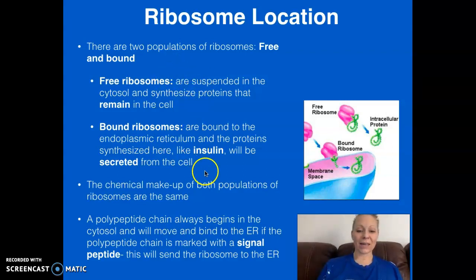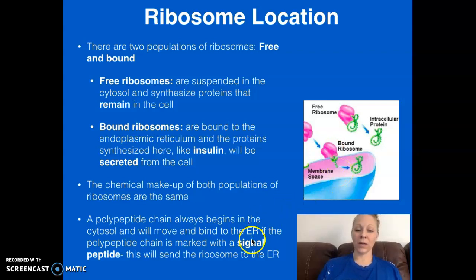But if a signal is received, there's going to be a signal on the protein. If it is received or found, then the ribosome is going to move towards the endoplasmic reticulum, and then it will be bound. It's going to be bound and release its protein into the endoplasmic reticulum.